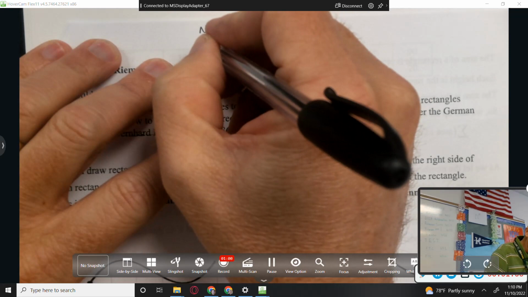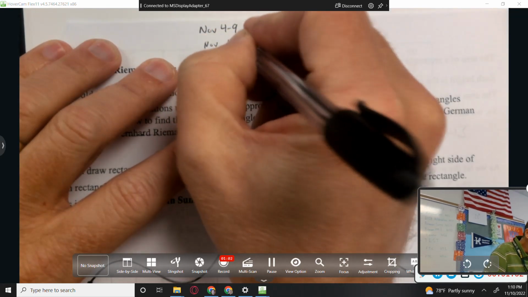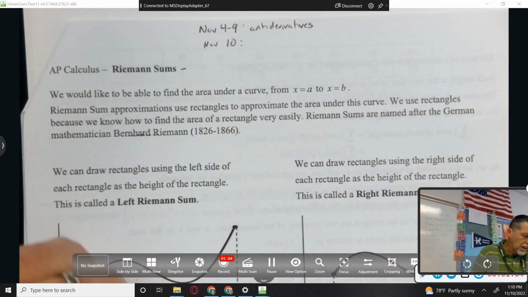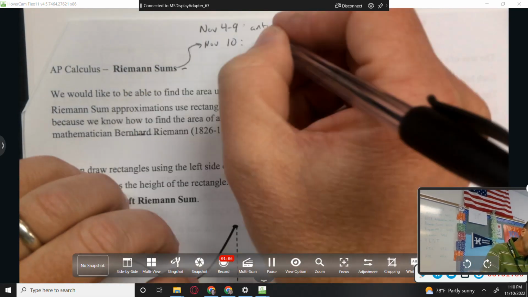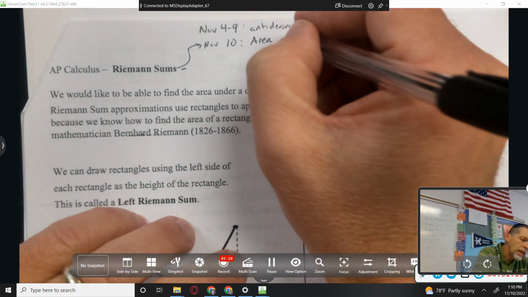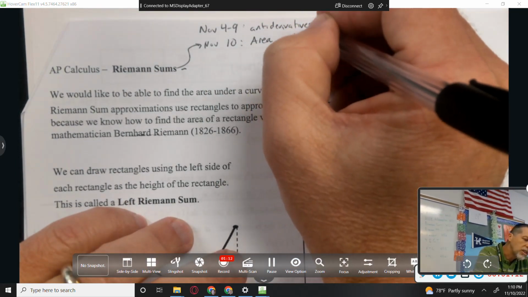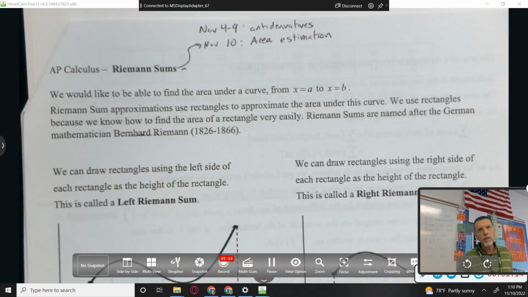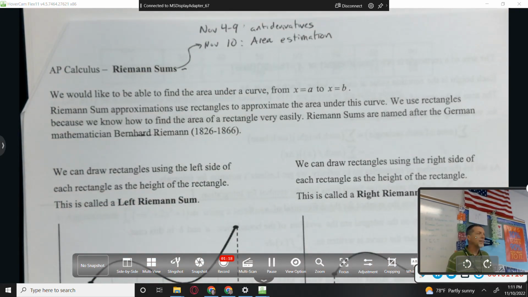I don't know if that's accurate or not, but today we're going to talk about Riemann sums, which is an area, and actually it's an area estimation. And so you're rightly, hopefully, wondering, like, how does an antiderivative relate to area?